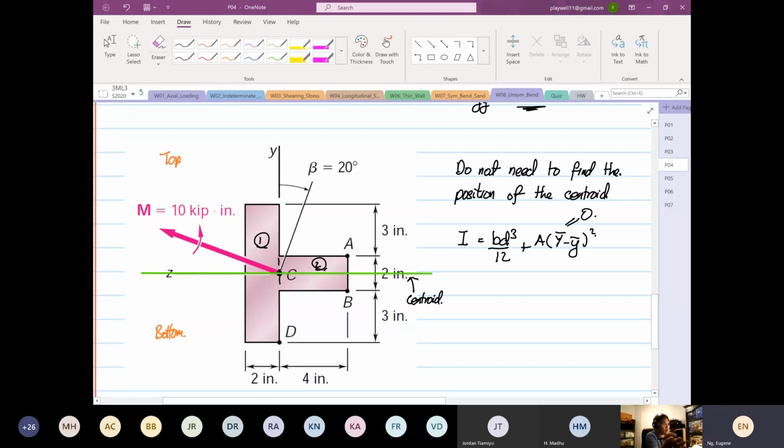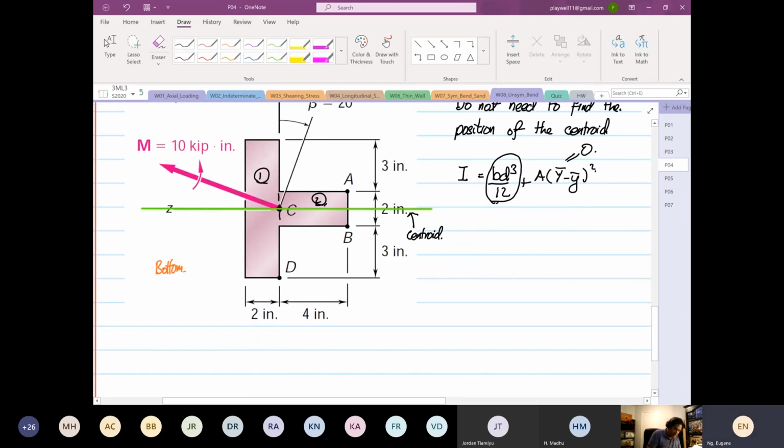Because that centroid we've just drawn is also the centroid for section 1, and also the centroid for section 2. That's why A times (capital Y bar minus small y bar) squared is equal to 0. So all you need to do now is consider this term only. You don't need to consider the A multiplied by Y bar.